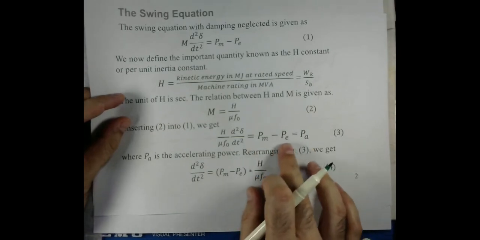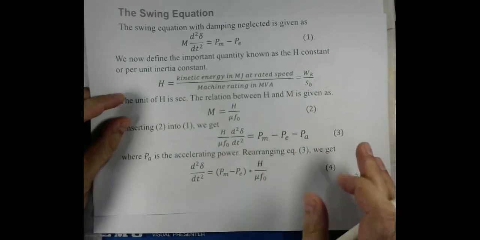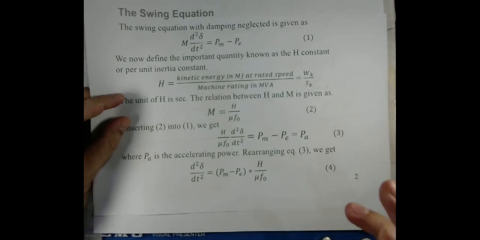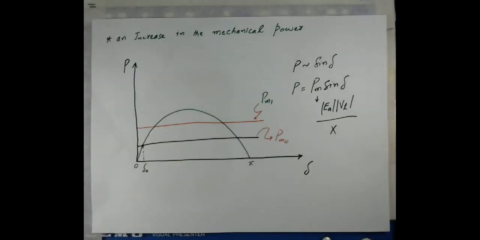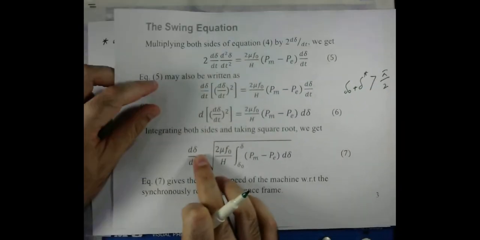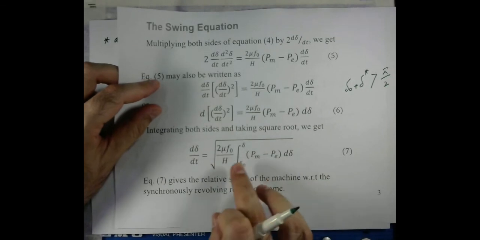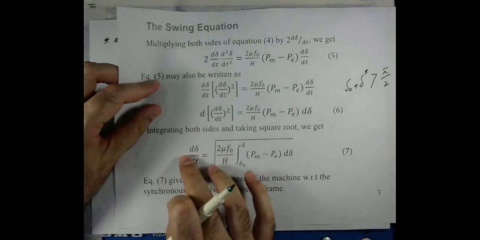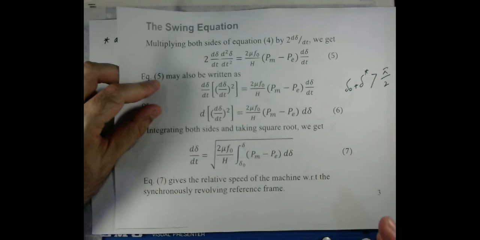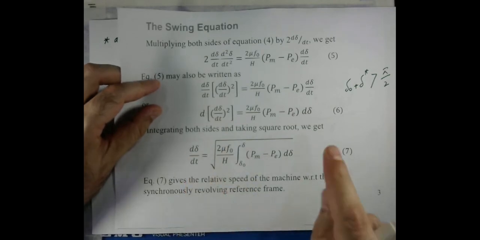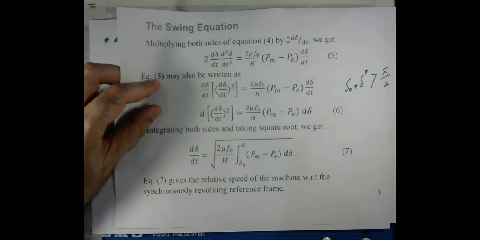As the accelerating power is positive, the speed will increase. We will have a relative velocity. So if there is a change in the mechanical power, we will have a relative velocity. It means that the angle will increase, and the speed of the machine will go above the synchronous speed.